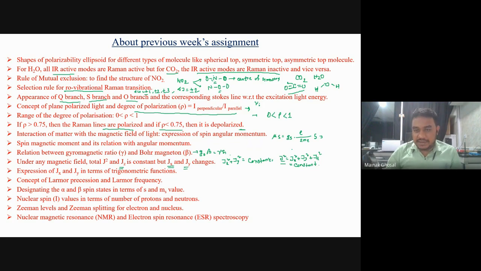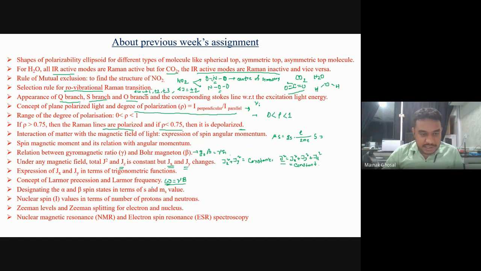And it was shown that since they are constant, jx and jy were discussed in the form of trigonometric functions. Then there was a discussion that omega can be related to the gyromagnetic ratio gamma by the relation omega equals gamma into B. This frequency omega is called the Larmor precession frequency.